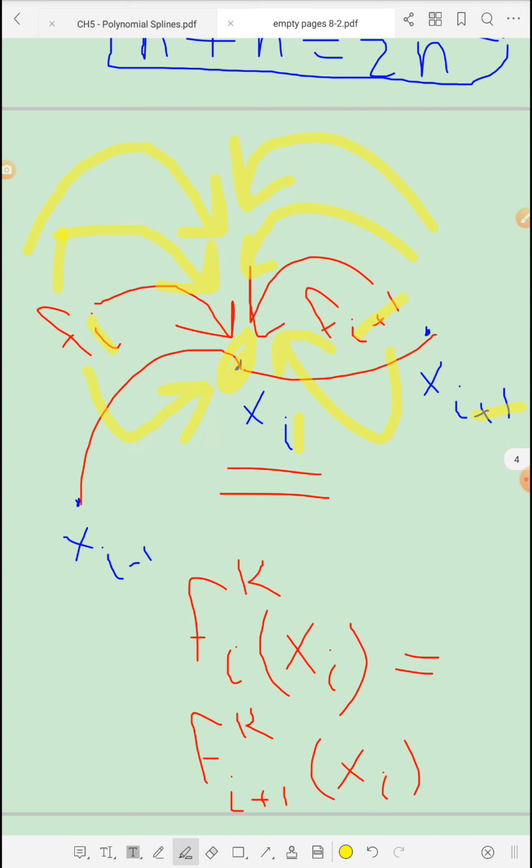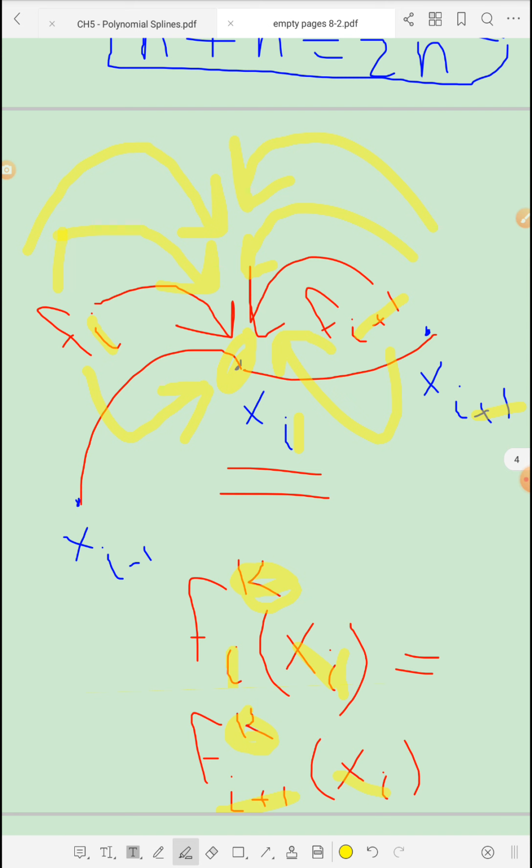So we take a number of derivatives corresponding to the kth derivative for the left polynomial fi and for the right polynomial at the interior node, which is xi. Xi is surrounded by polynomial fi from the left and polynomial fi plus 1 from the right. So both polynomials at this xi should have equal derivatives.